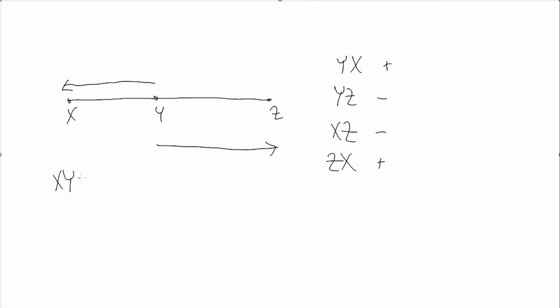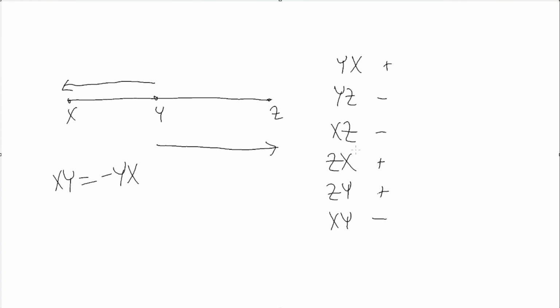So XY equals negative YX with directed lengths, instead of them being equal to each other. So again, ZY is also positive, and so is YX, as I said earlier. And again, XY is negative. So we have all of these signs here.